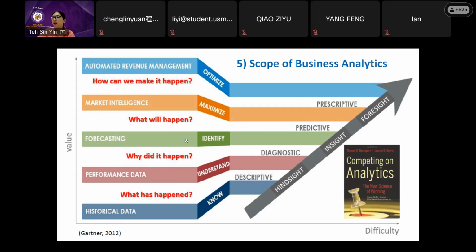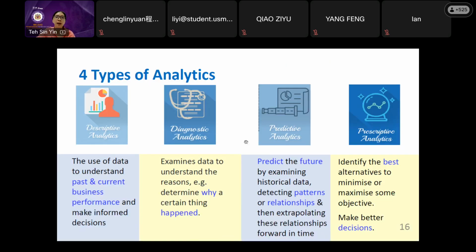Let's take a 5-minute break and we will come back to the next part. This side I'm not going to go through. Basically, for descriptive, the keyword is past and current business performance. Diagnostic is like a doctor diagnosing why it happened. Predictive is about predicting the future, based on modeling patterns and relationships.